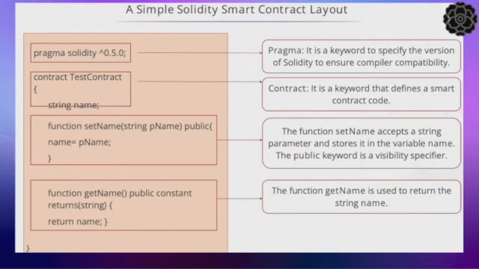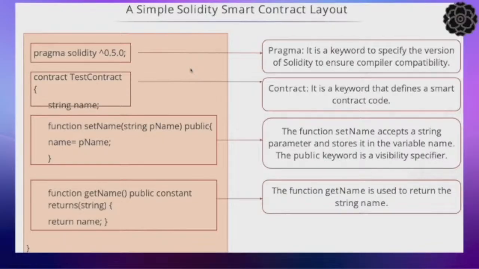So this is very interesting. This is the primary part of the Solidity language. Here, I specifically mentioned a simple Solidity smart contract layout. What does Solidity look like? How are we going to define Solidity in a structural way? I mean the basic way where the Ethereum community defined this is the parameter, this is the prerequisite.